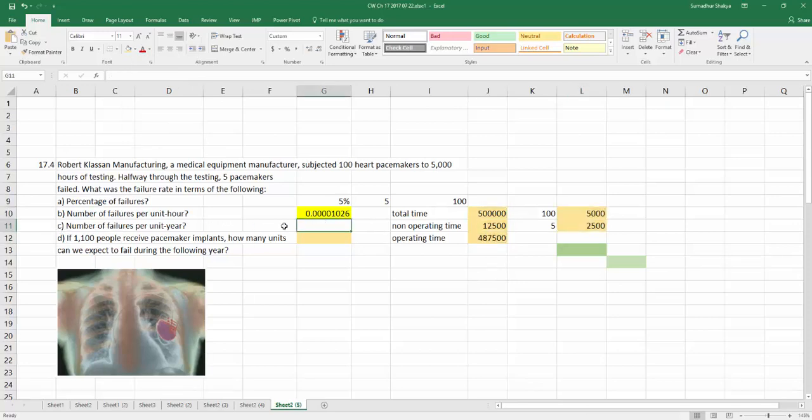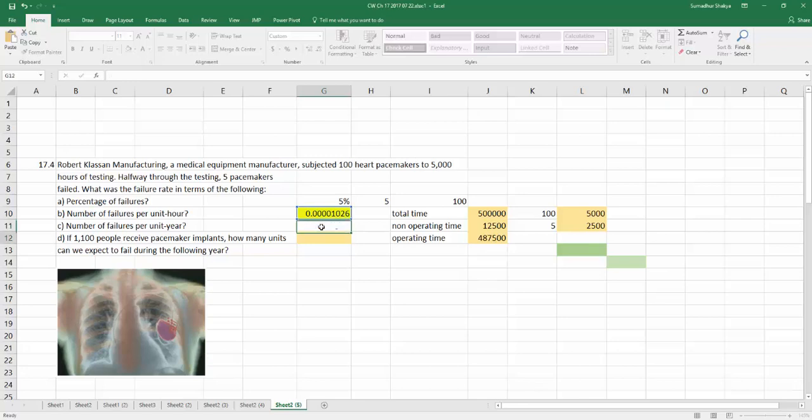Now therefore the number of failures per unit year would be equals to this divided by 365 days in a year times 24.